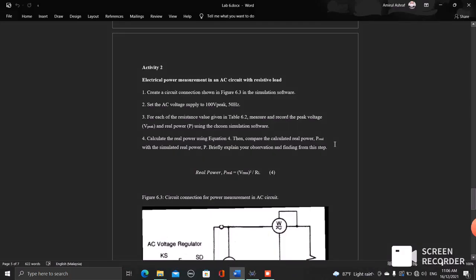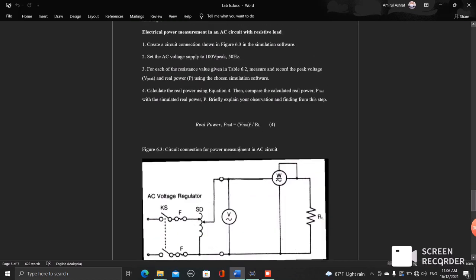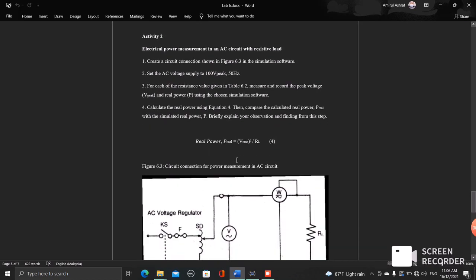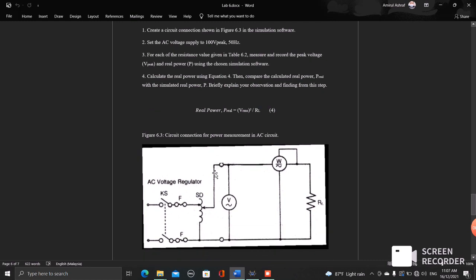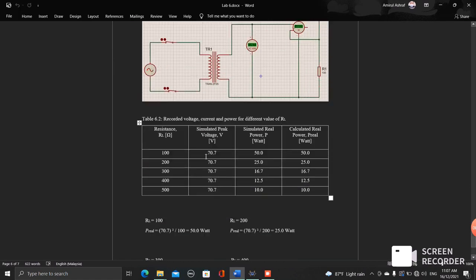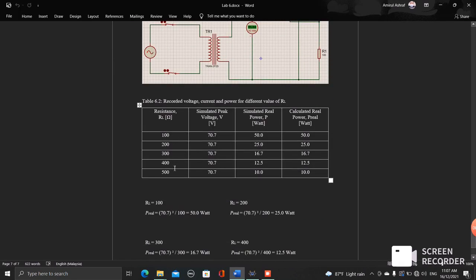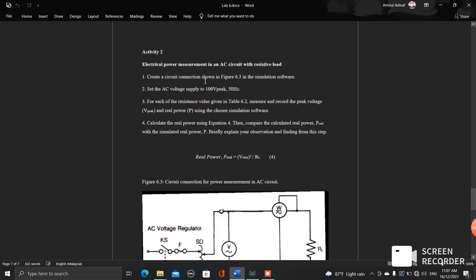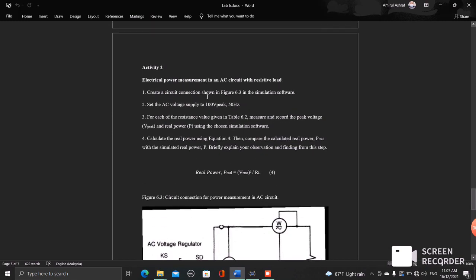Okay, for activity 2, we also have to create a circuit like this figure, and then we have to set the AC voltage supplied to 100 volts peak and 50 Hz. For each resistance value given in table 6.2, which is 100, 200, 300, 400 and 500, we have to measure and record the peak voltage and real power using simulation software.